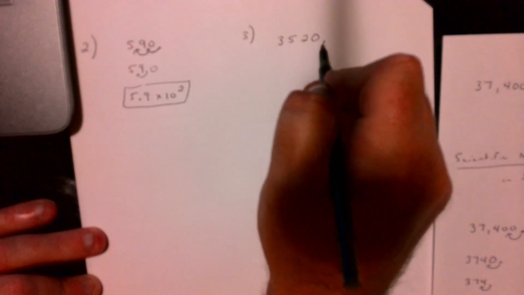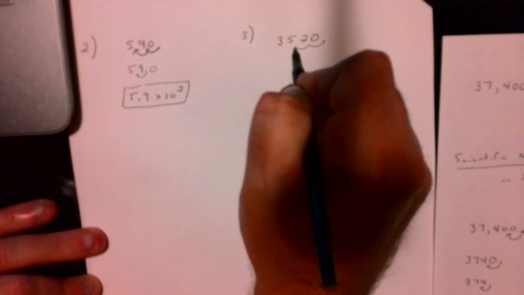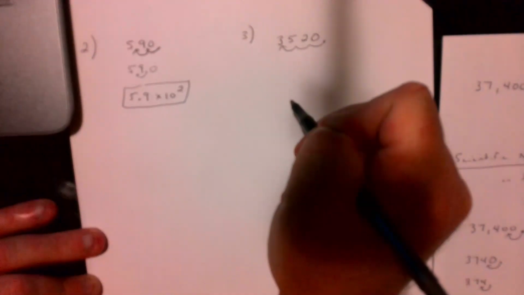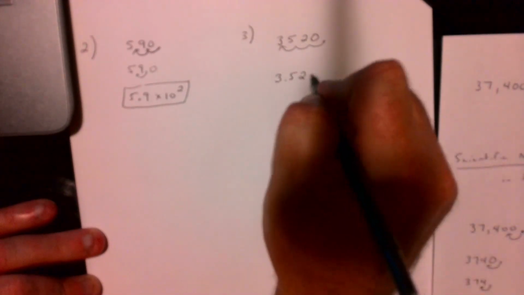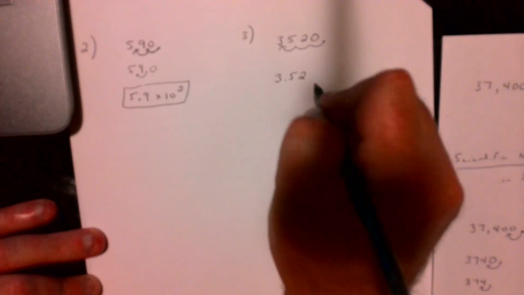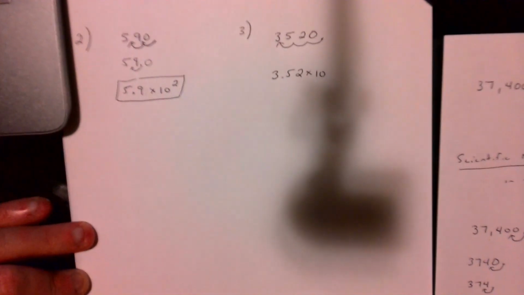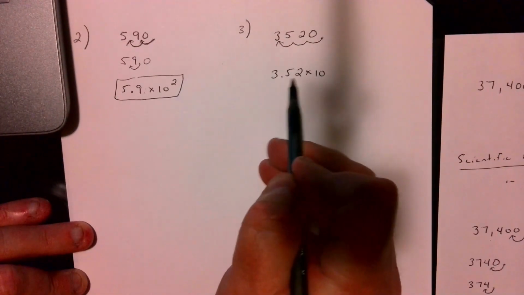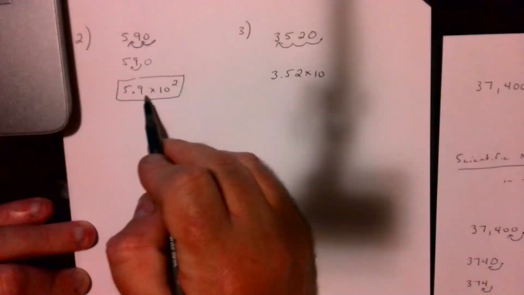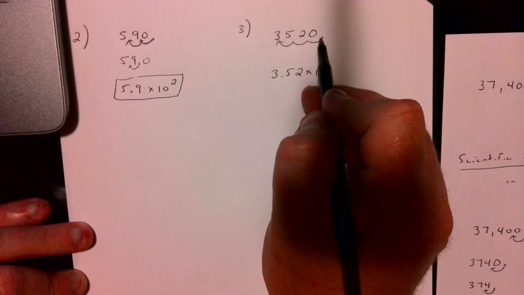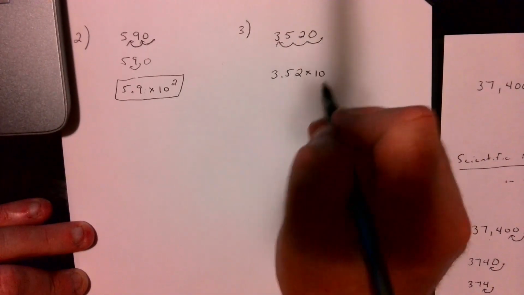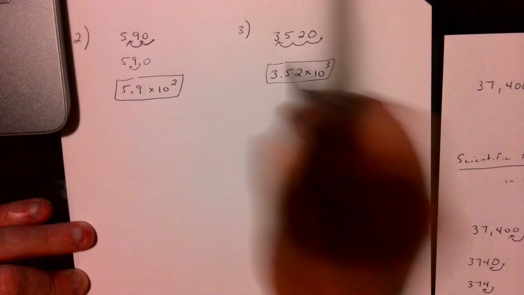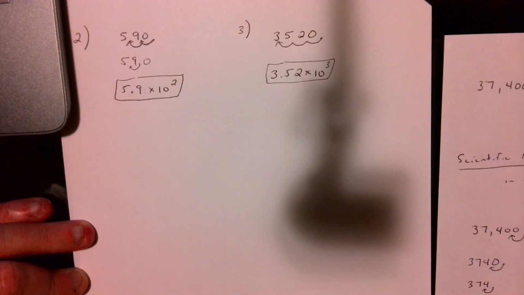So if we move it over 1, 2, 3 times, we end up with 3.52, and I don't need that 0, but if you put it, it's okay, times 10 to how many times we moved the decimal. It's not the power of 2, and it wasn't a power of 1. Count how many times you moved the decimal: 1, 2, 3 times. So 3.52 times 10 to the third.